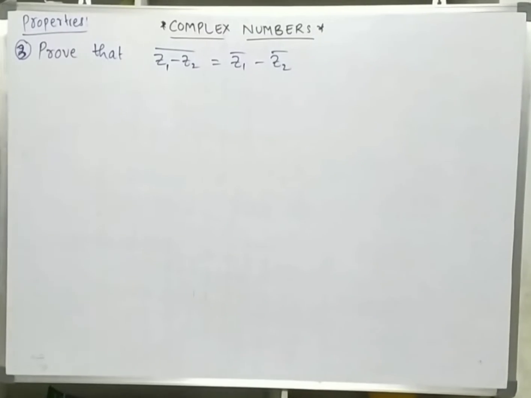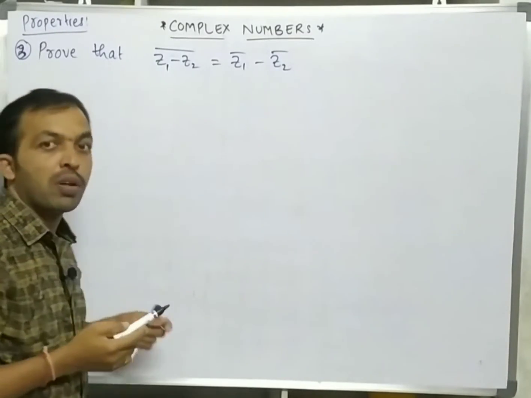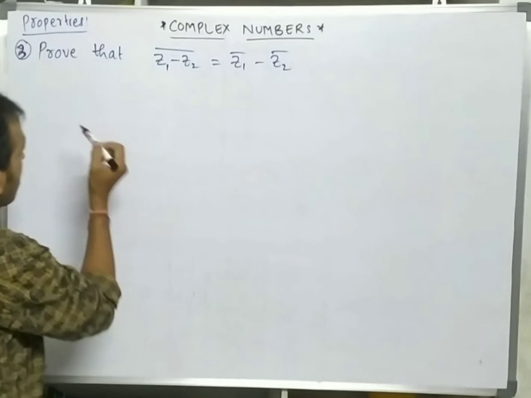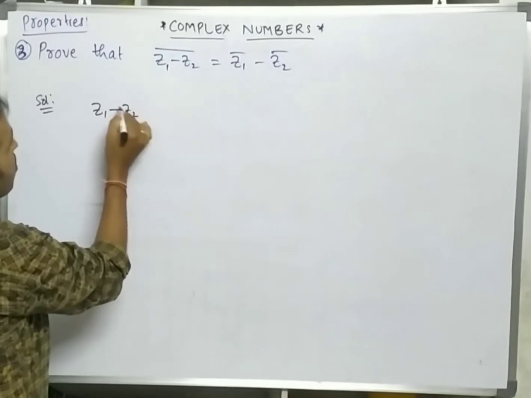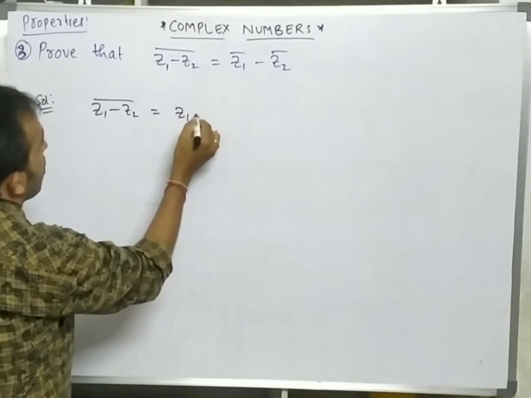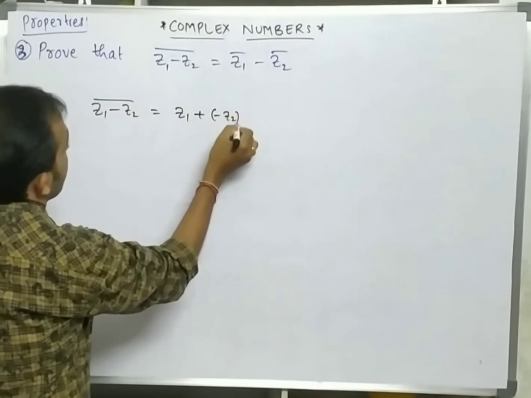Next, third one: conjugate of z1 minus z2 is equal to z1 bar minus z2 bar. Simple. z1 minus z2 can be written as z1 plus minus z2.